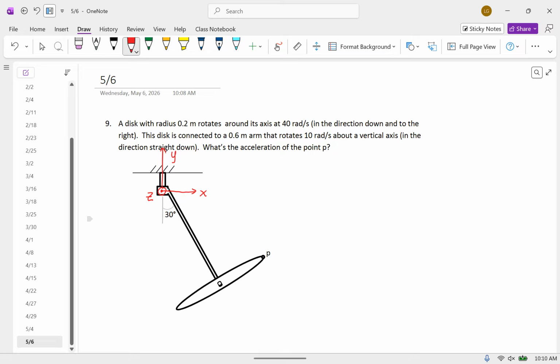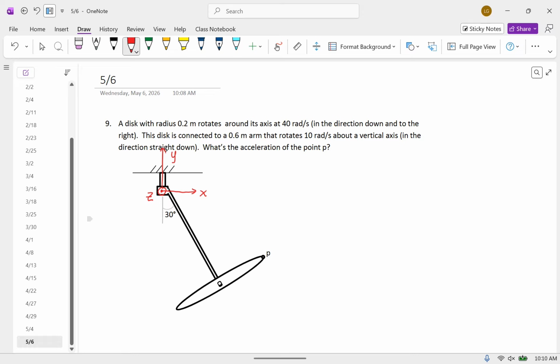But the one thing that's different here about the other problems is that if this coordinate system is rotating with this piece as it goes around, just notice that the axis of rotation of the disk is not along any of these axes. And so we're going to have to use a unit vector to define the angular velocity of this disk.